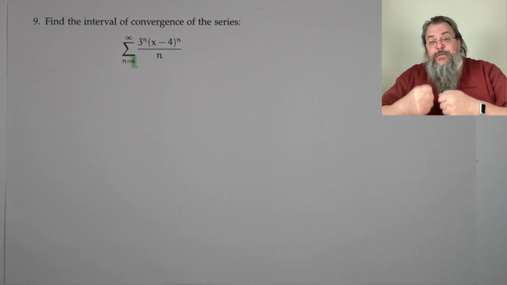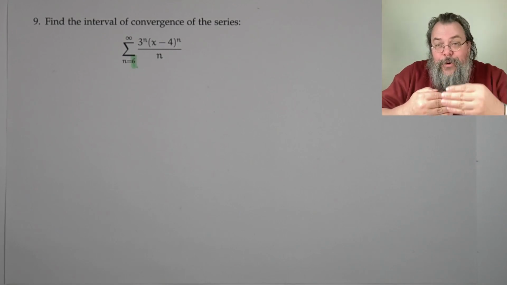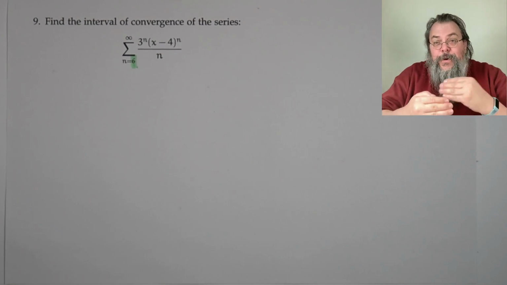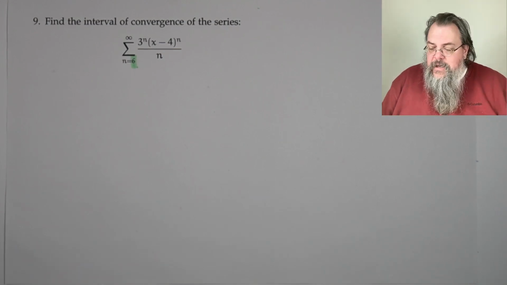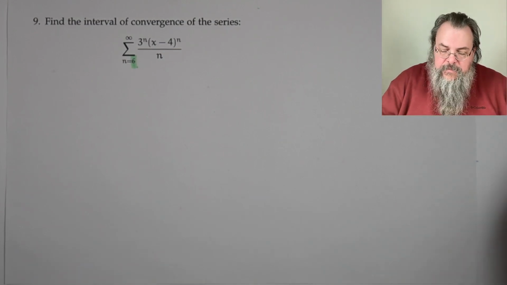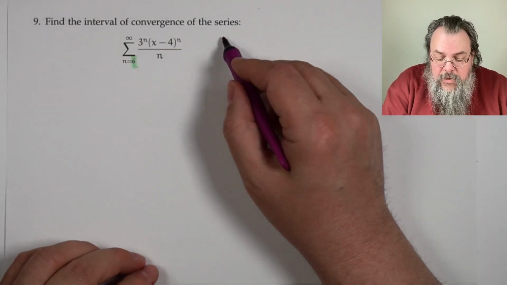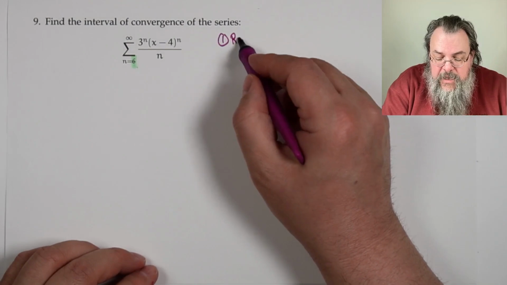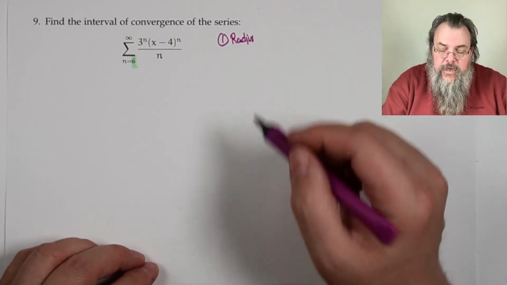So we've done a lot of problems with the radius. This says we want you to go one step further. If we're after our interval of convergence, we have a two-step process ahead of us. Step 1 is the radius, and we do that by either root or ratio.